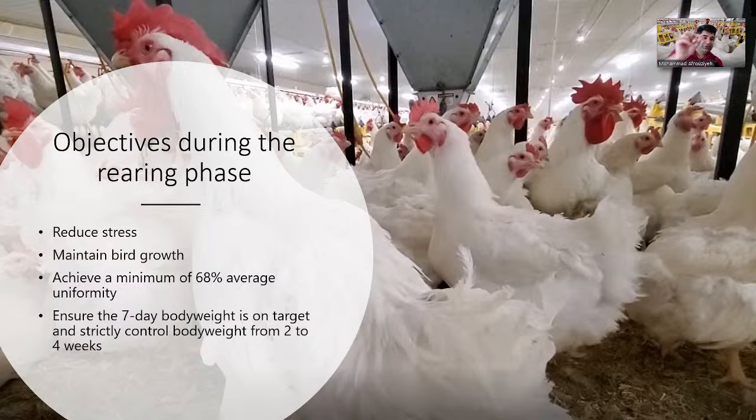And after predicting body weight for each age by that model, we plotted the growth curve. And interestingly, we saw that target body weight, that target growth curve, was a little bit higher compared to the growth curve that was recommended by that breeder company. You know what I mean?